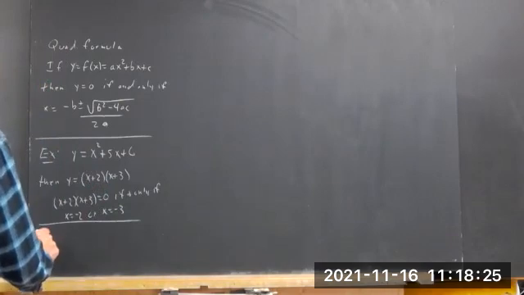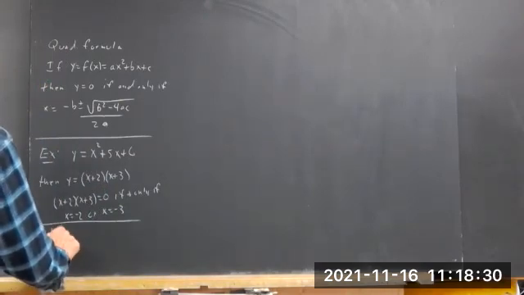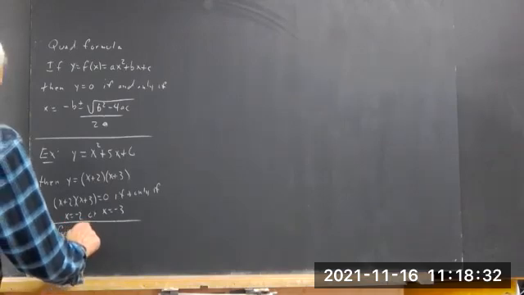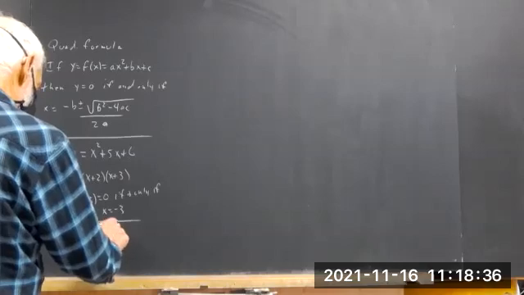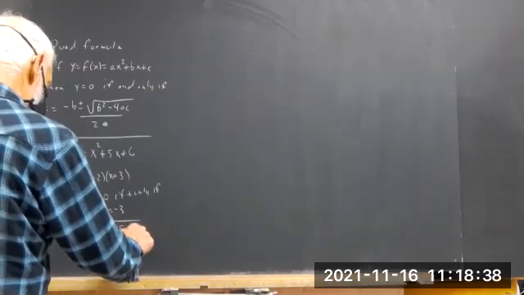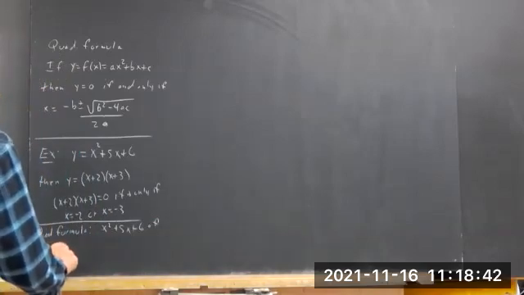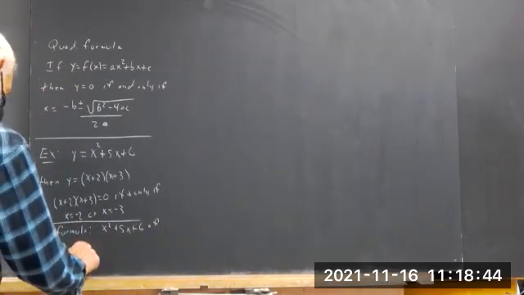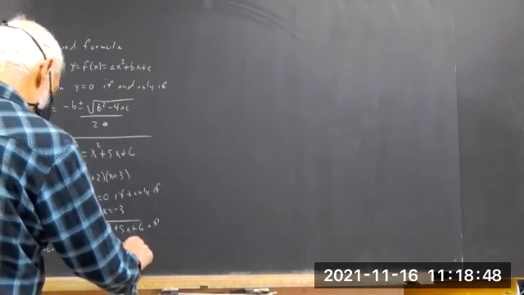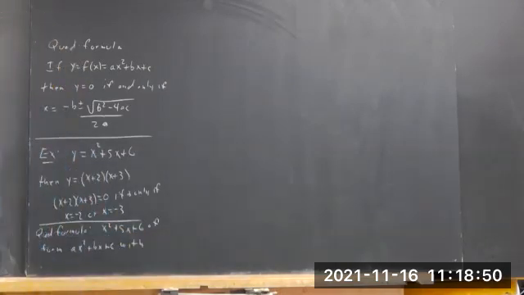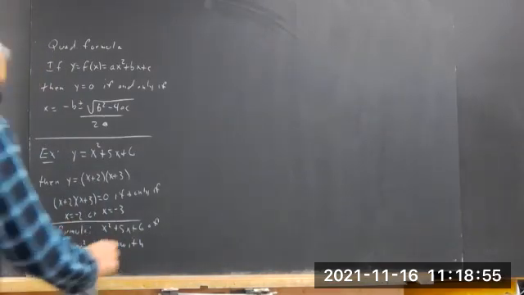Quadratic formula. X squared plus 5x plus 6 is of the form ax squared plus bx plus c.